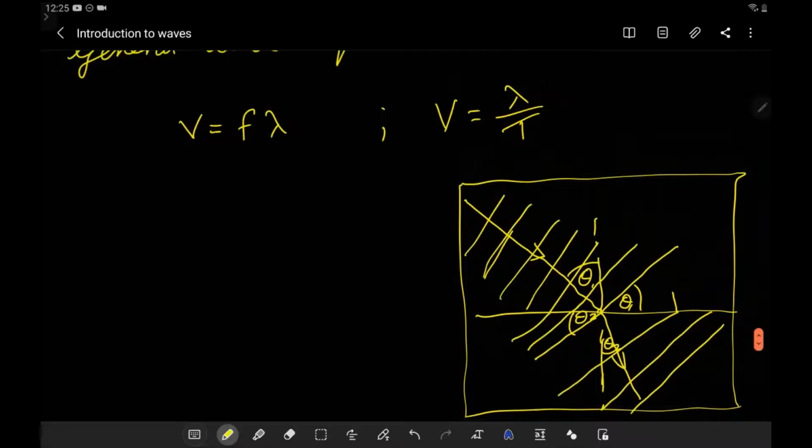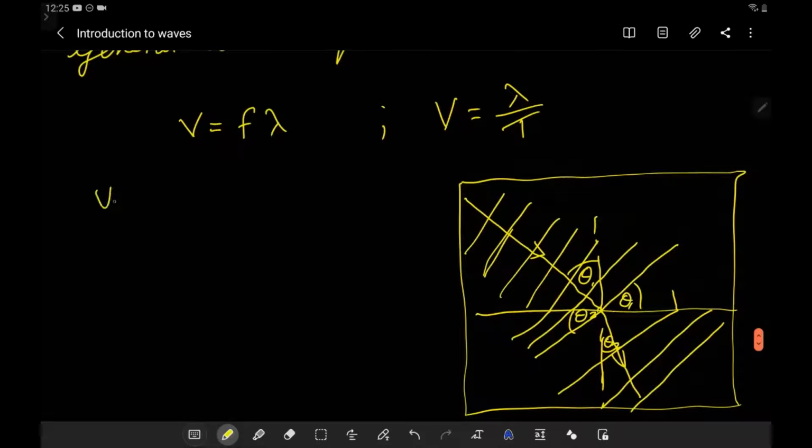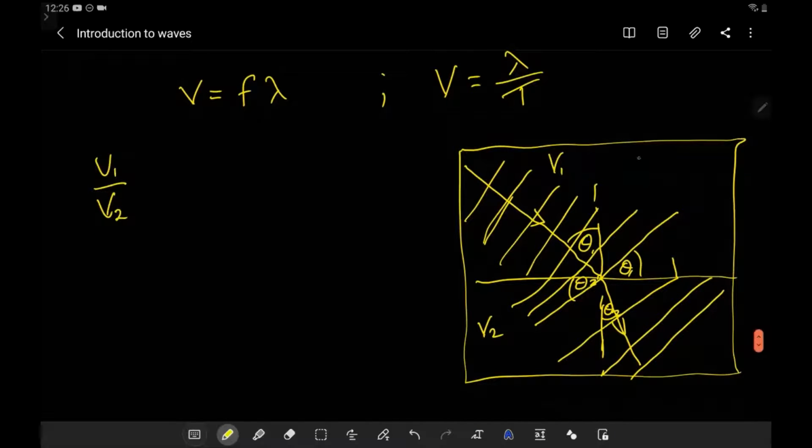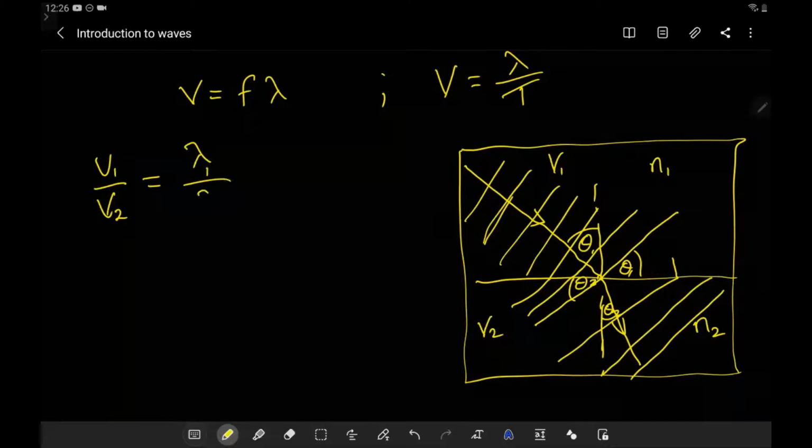What we want to define is the ratio of the velocities: out here would be v1 and inside here would be v2, the velocity outside and the velocity inside. And this one here would be the refractive index of the first material, and this would be the refractive index of the second material. So v1 over v2 equals the wavelength in the first material divided by the wavelength in the second material.